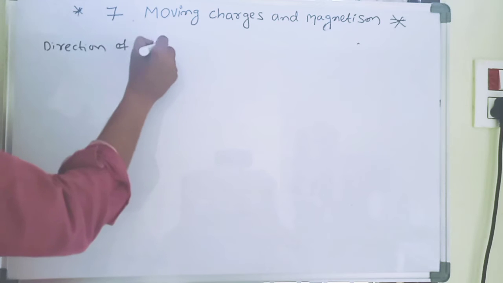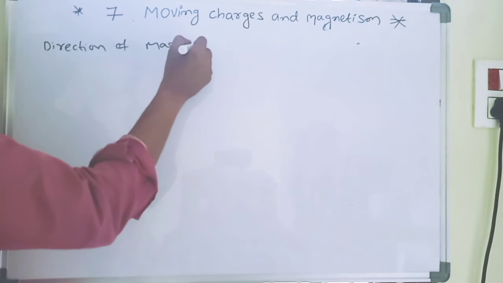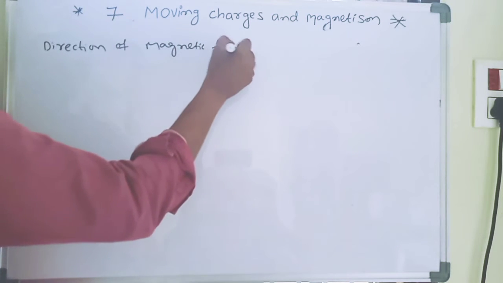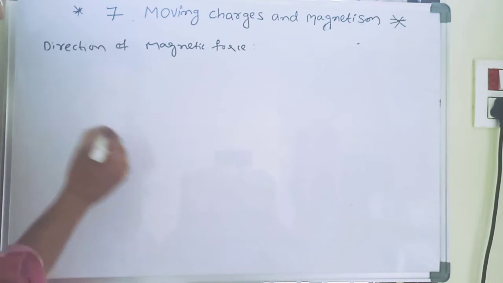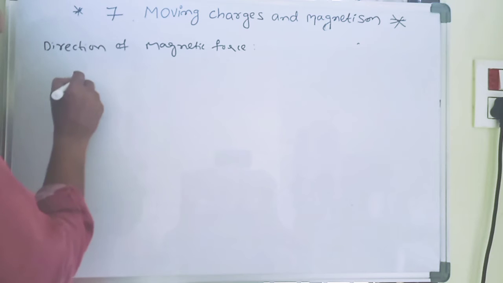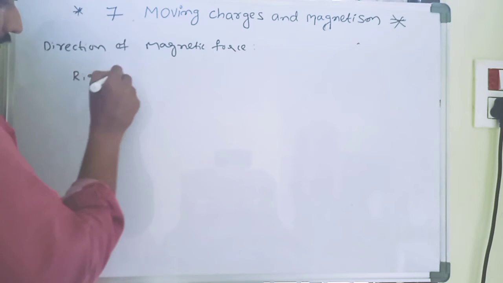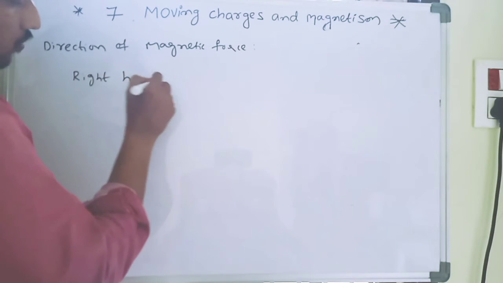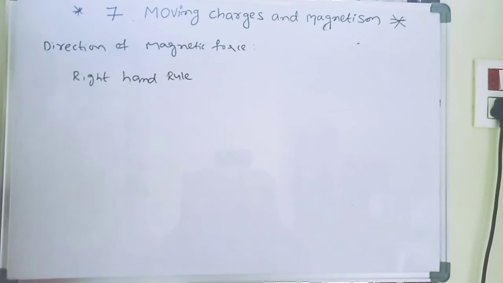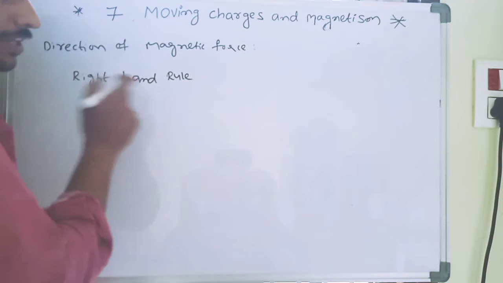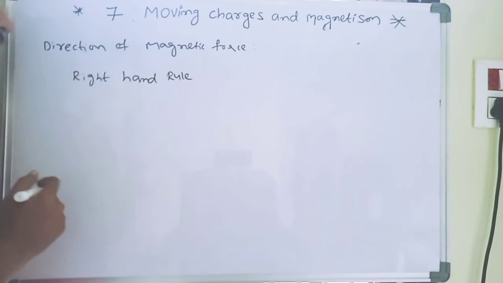By using the right hand thumb rule, also called the right hand rule, we can identify the direction of magnetic force.